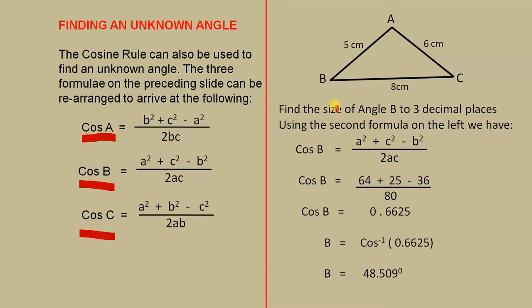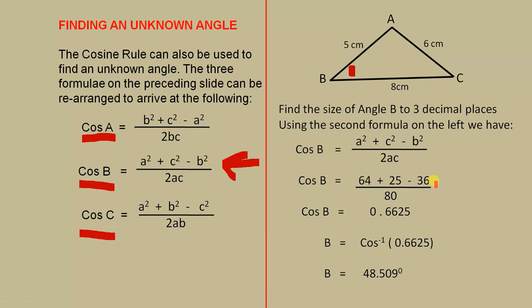In this example here, we have to find the size of angle B, so that's this angle here, to 3 decimal places. Now, using the second formula on the left, because we have to find B, we have cos B equals that, which is exactly the same as this formula here.